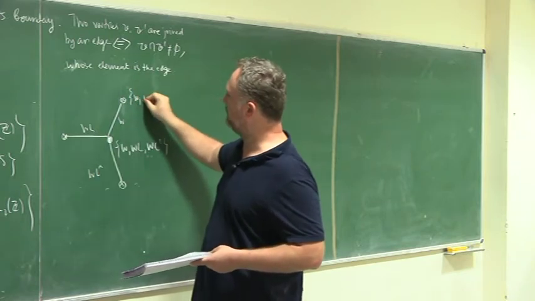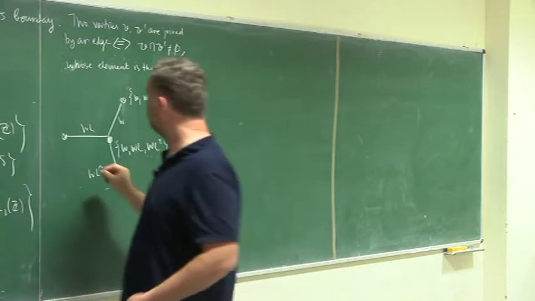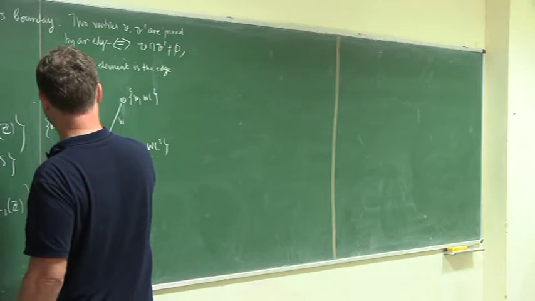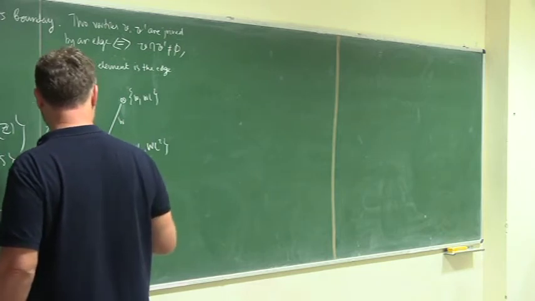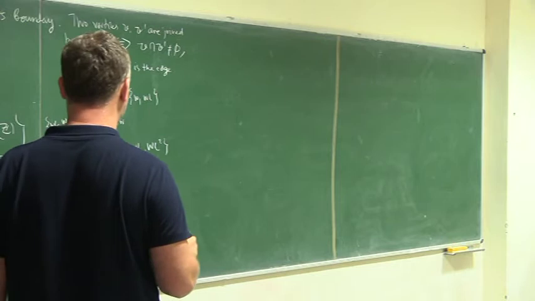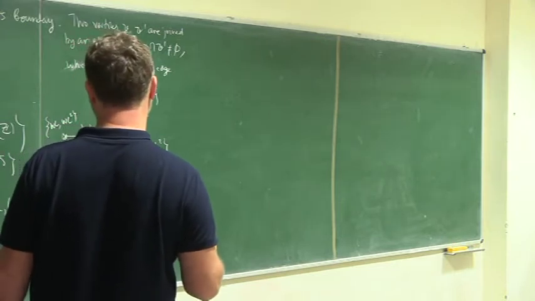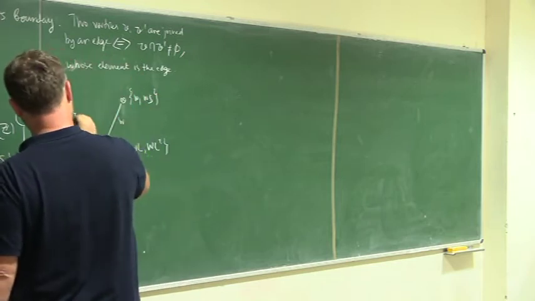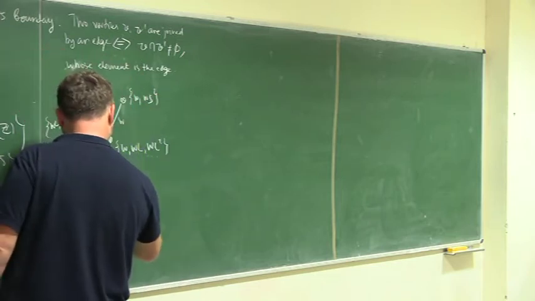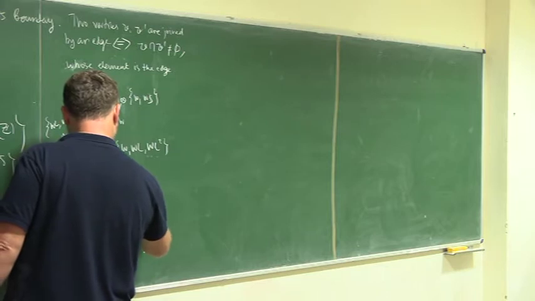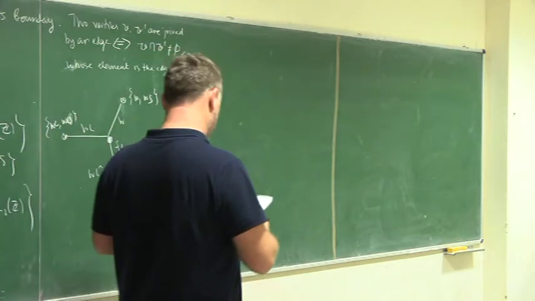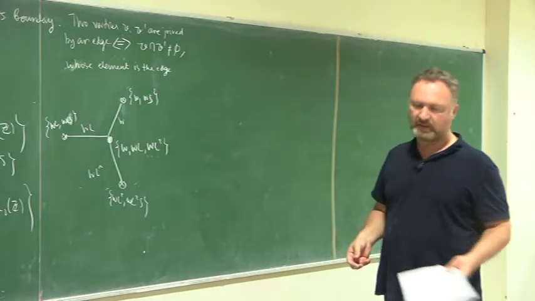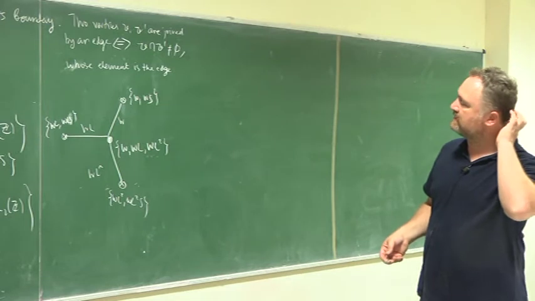So I have an edge of type WL, WL square, excuse me, WS, WLS, and here WL square S. So the incidence relation is like this.